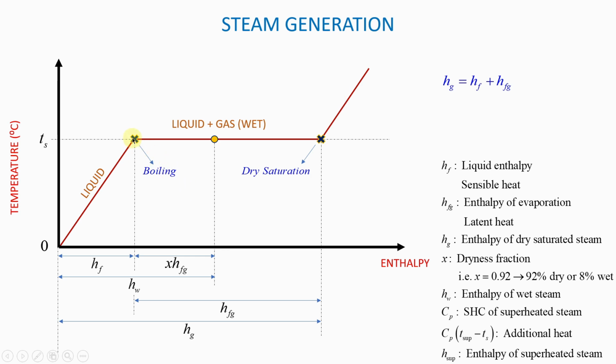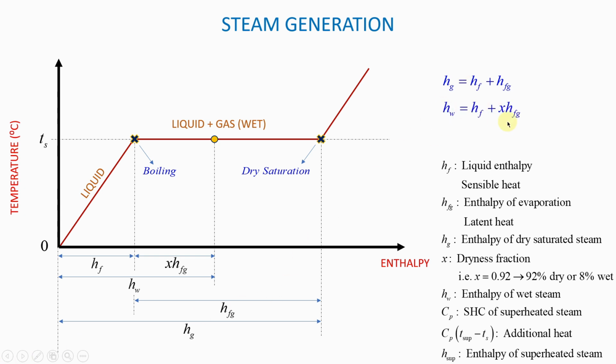Once we reached boiling point, although we were adding heat, the temperature was remaining constant until we reached dry saturation. But once you reach dry saturation, if you continue to add heat to the steam, the temperature of the steam will rise, okay? And so let's pick a point.